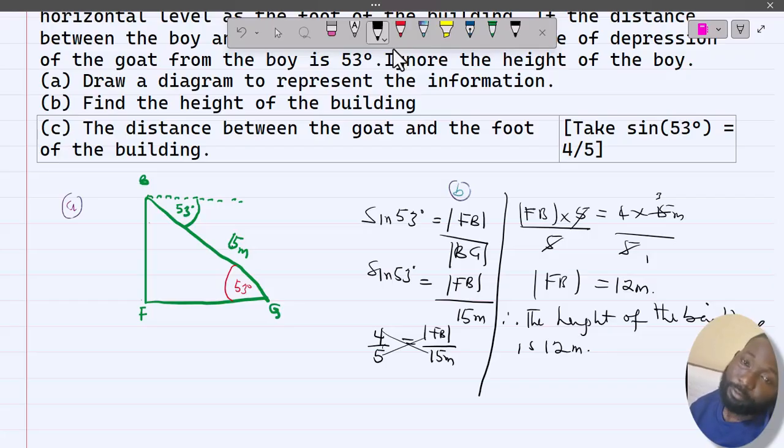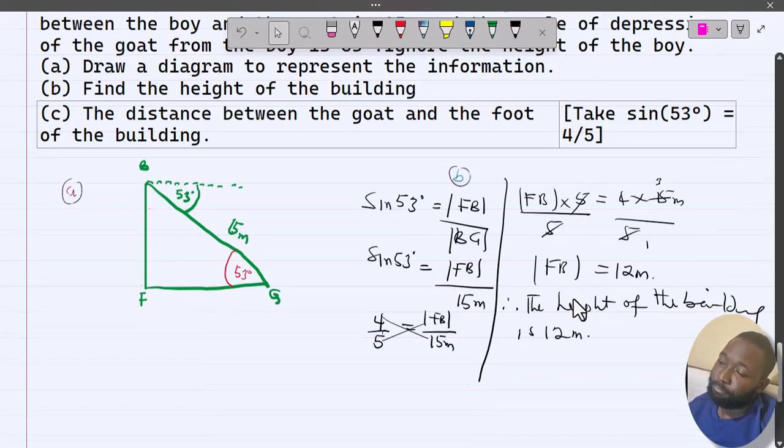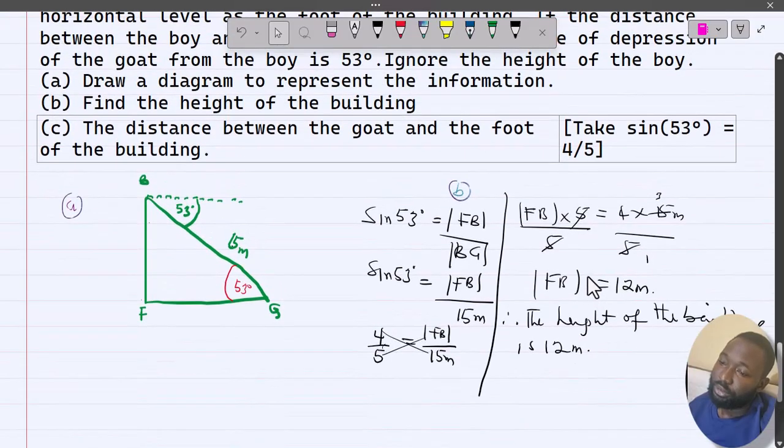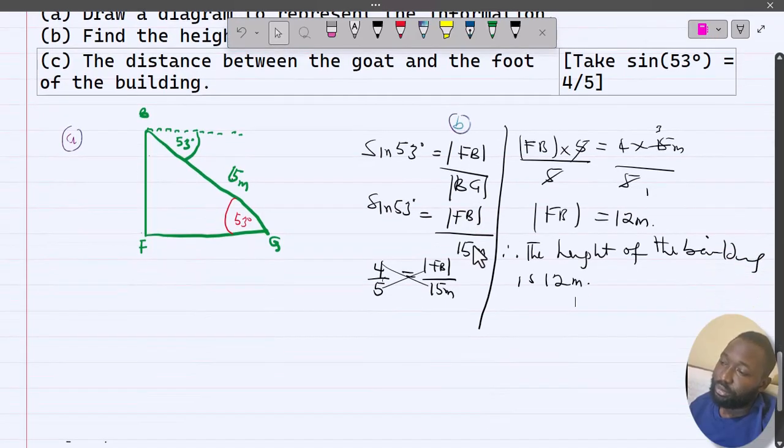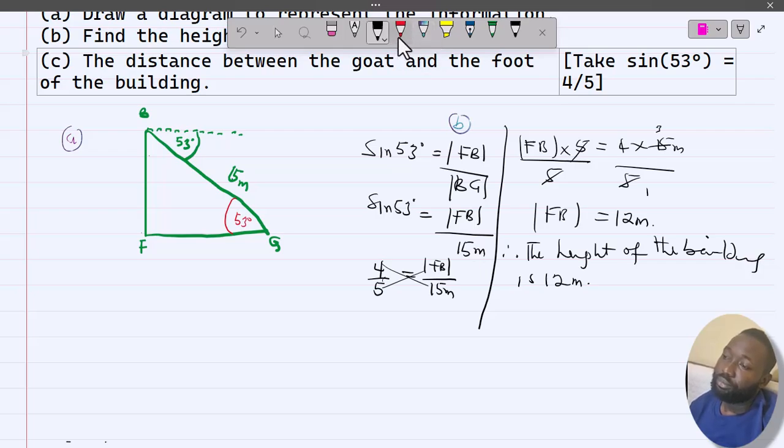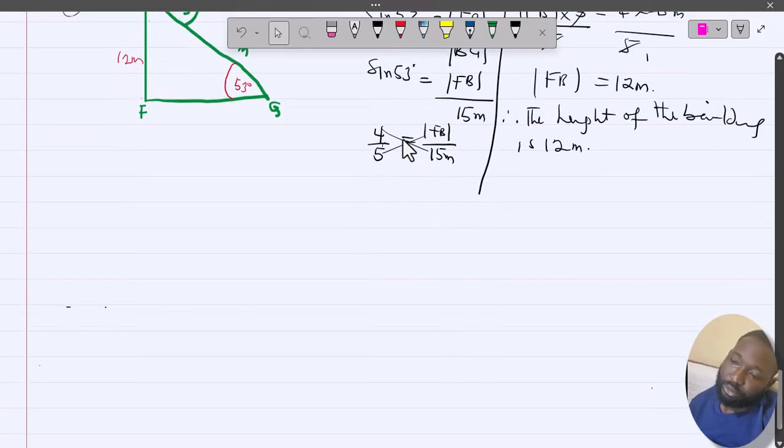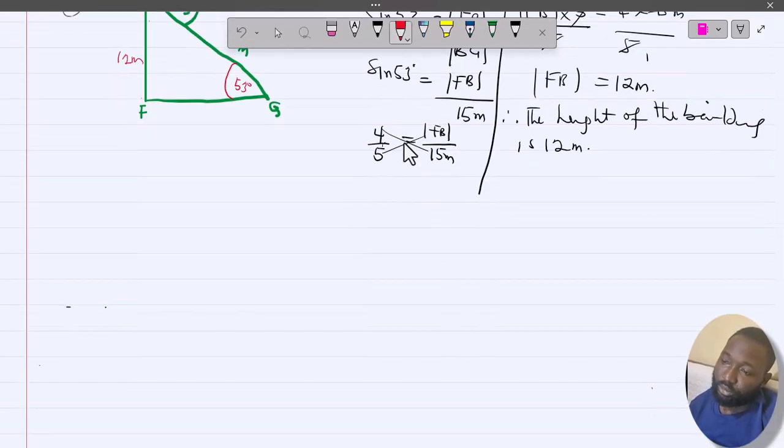Now for C. It says the distance between the goat and the foot of the building. Here FB is 12 meters. So we want to use the Pythagorean theorem to solve for this one.